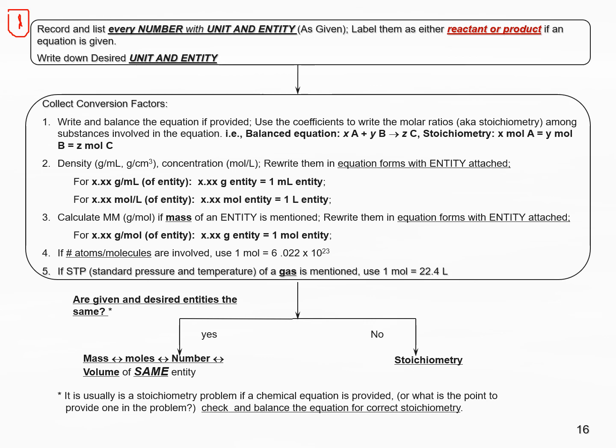And this is the second step. This is our third step. So is our given entity the same as our desired entity? If yes, it's the same entity, we have different ways to do it. Sorry, if the answer is no, it goes through stoichiometry. By the way, there's also a very good tip we need to know.